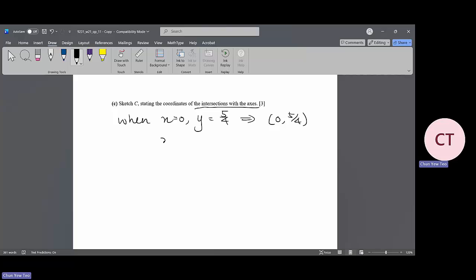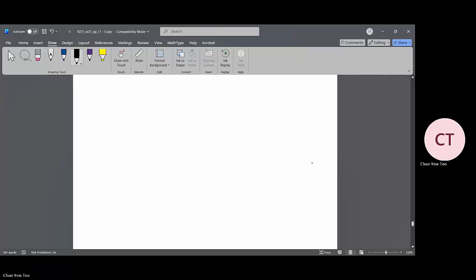Then when your y is equal to 0, your 4x plus 5, your numerator will be 0. Then your x will be negative 5 over 4. That will give you the x-intercept. Okay, so these are the things that we need. Now we just need to put all the information that we have into the diagram over here.